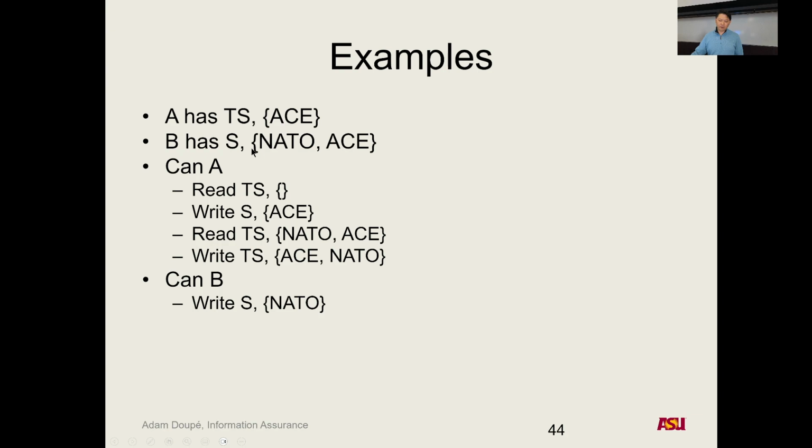How about categories? B has NATO and ACE, so B has NATO. Is it possible? Yes, possible, right? B has category NATO, so he can read. Good, so read down is possible.